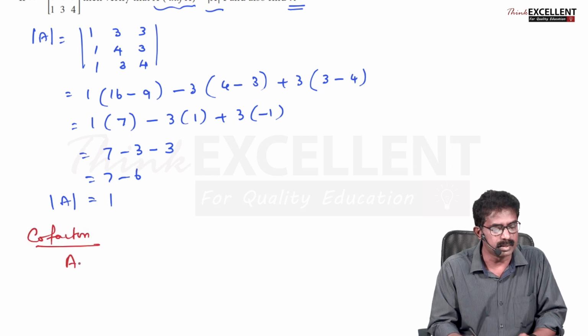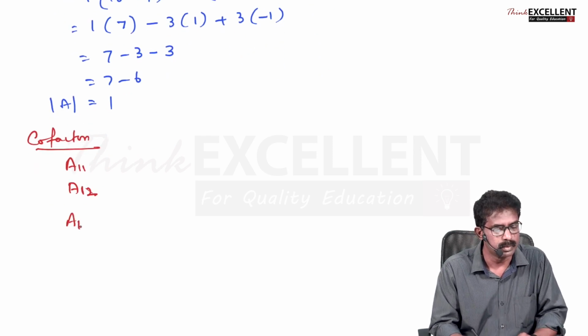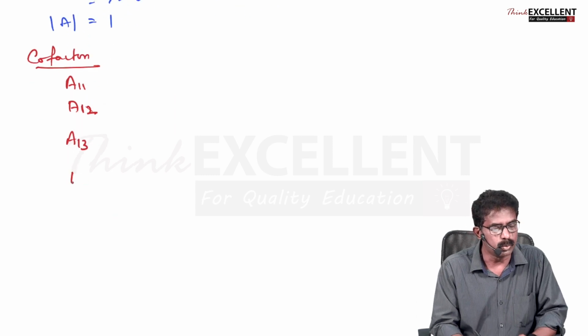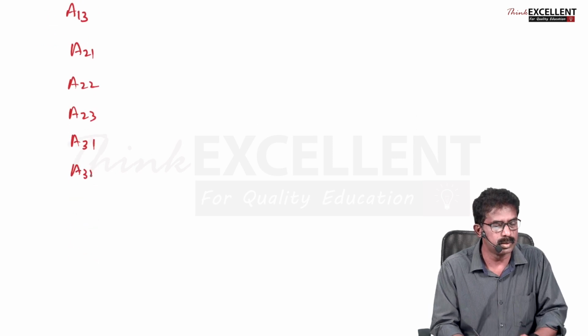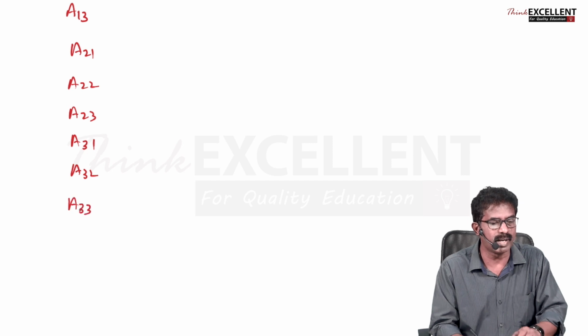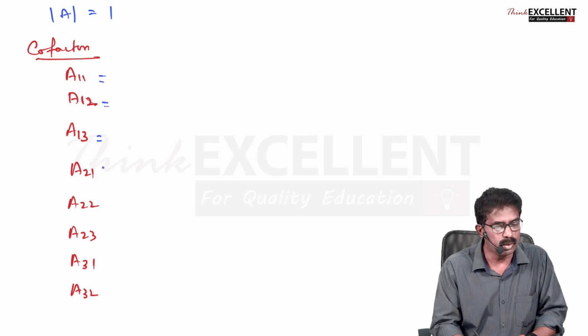So we take like this, right? A11, A12, A13, A21, A22, A23, A31, A32, A33. For cofactor, either you put A or you can use C, right? Cofactor means it is a signed minor, right?